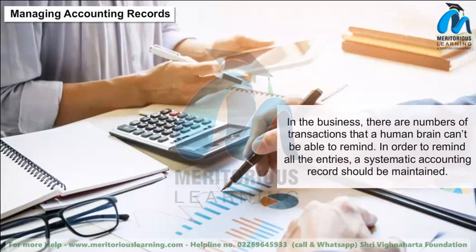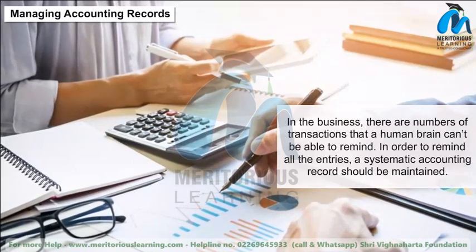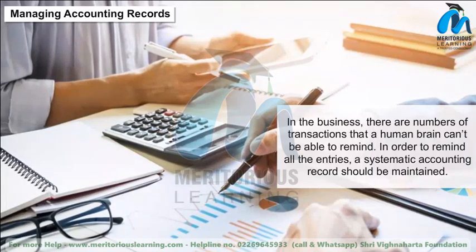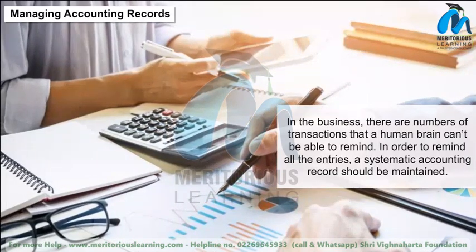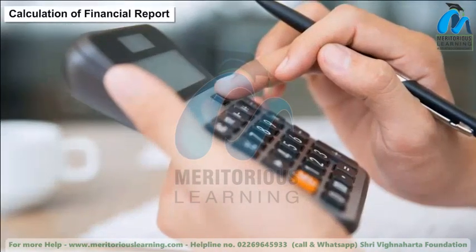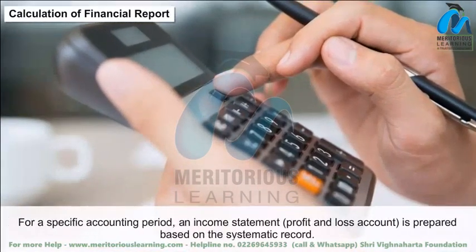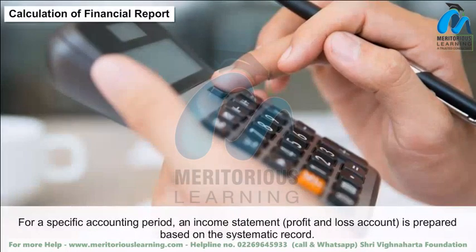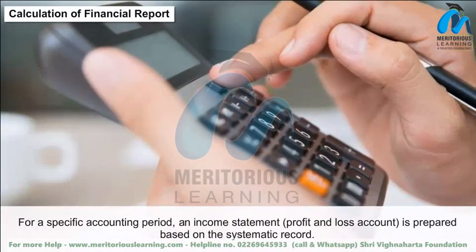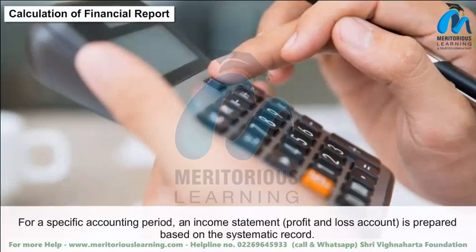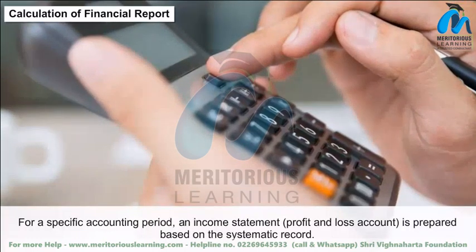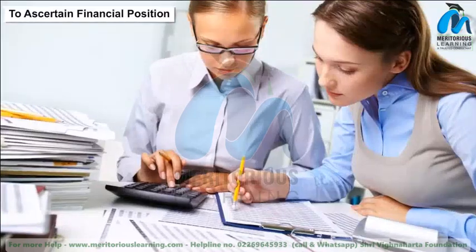In order to remember all the entries, a systematic accounting record should be maintained. Calculation of financial report. For a specific accounting period, an income statement, profit and loss account is prepared based on the systematic record to ascertain financial position.